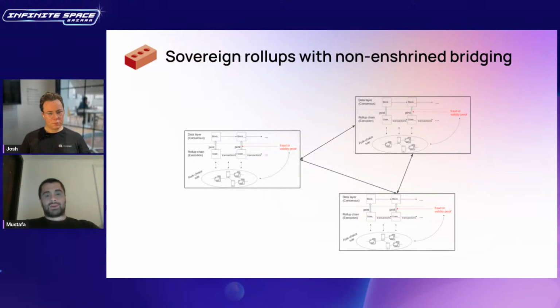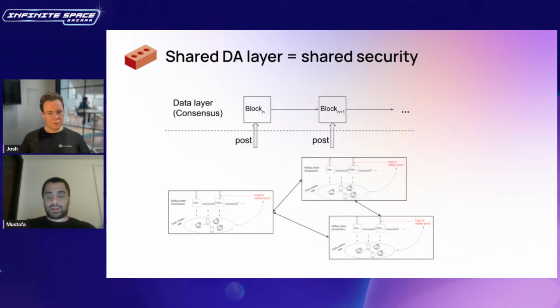If you think about a sovereign rollup with a non-enshrined bridge, normally if sovereign rollups don't share a DA layer, then effectively they would have no shared security. But if they do share a DA layer, then they would have shared security, and their sovereign rollups could still bridge to each other.